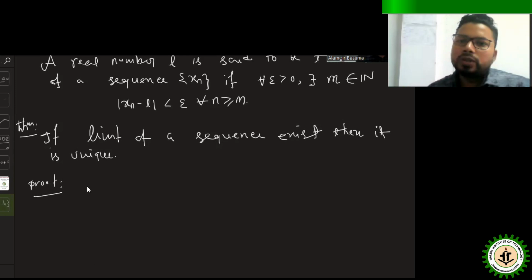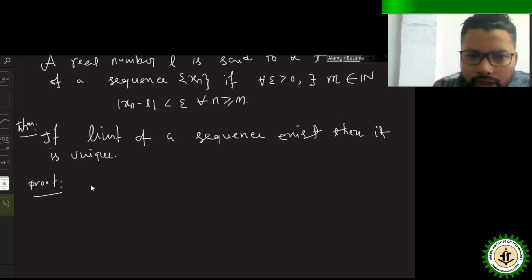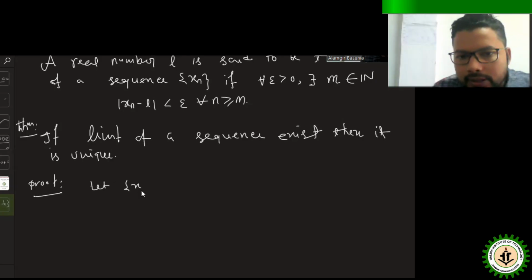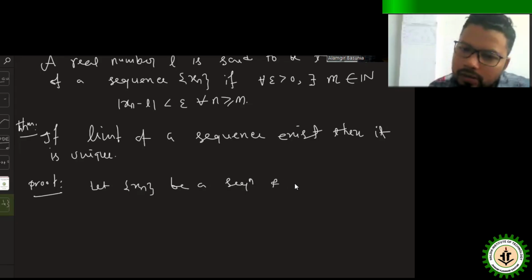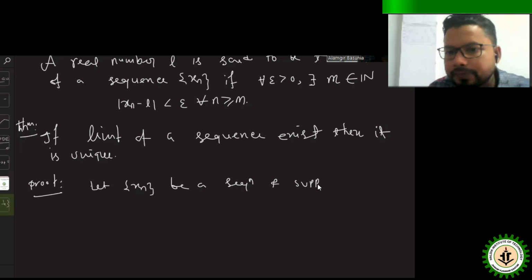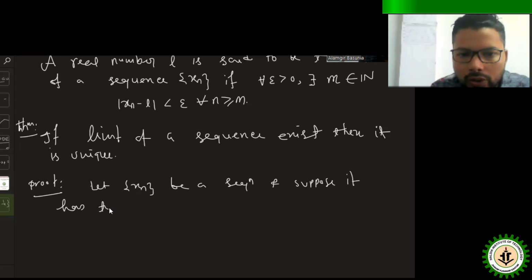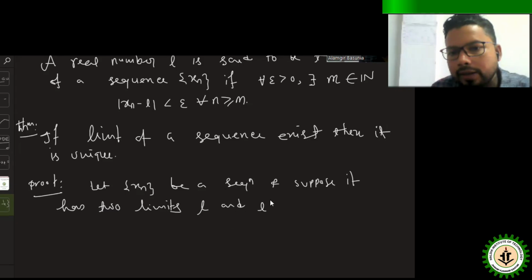Then we can show that if the limit exists, then L and L prime will be equal. Let xn be a sequence, and suppose it has two limits, L and L prime.